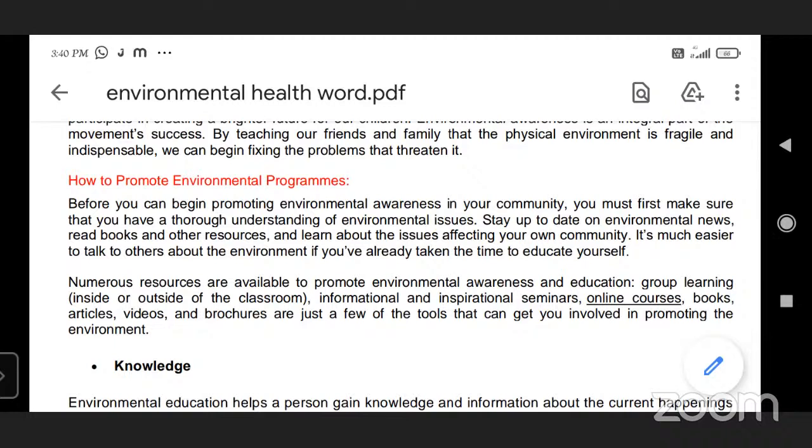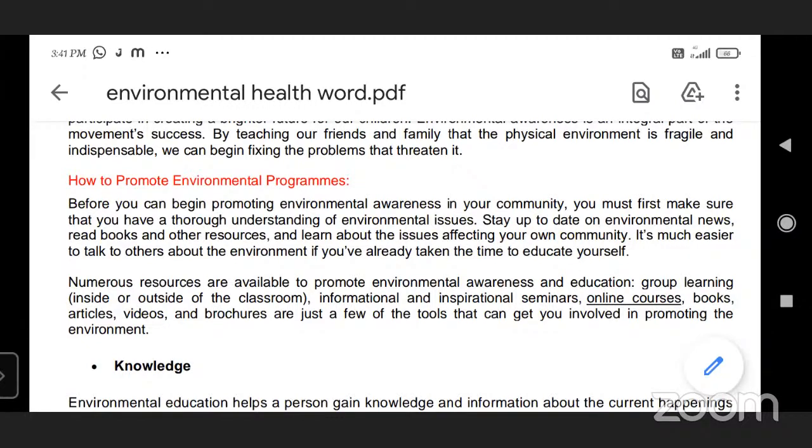Group learning inside or outside of the classroom is also important, and so are informational and inspirational seminars, or lectures, and online courses, even books, or some people use PowerPoint presentations, articles, videos, and brochures. These are just a few of the tools that can get you involved in promoting the environment.